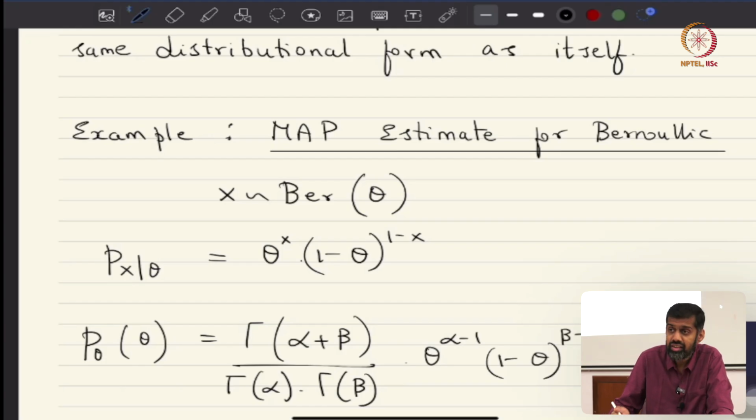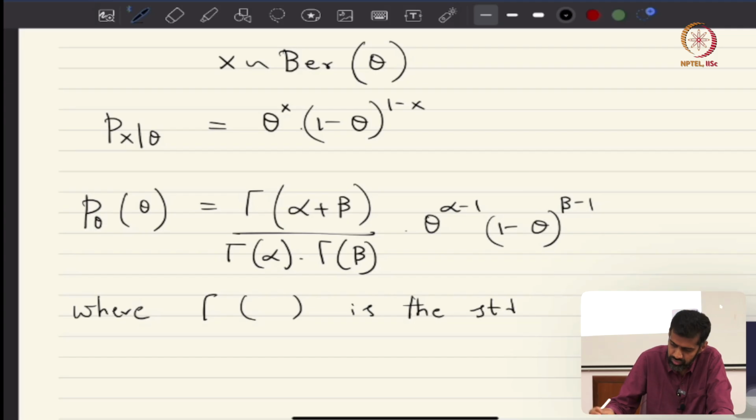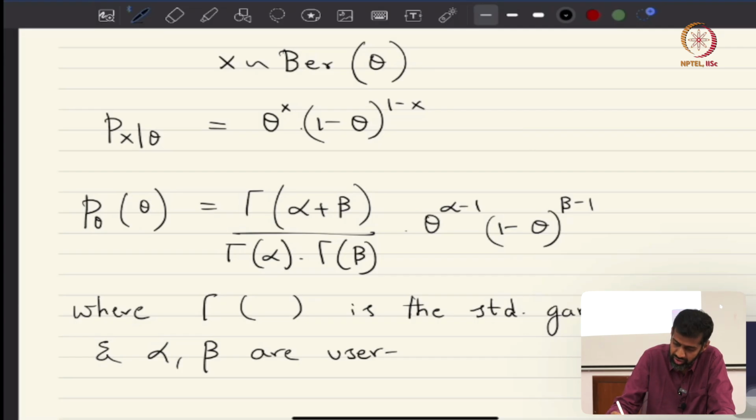This is the beta distribution, where gamma is the standard gamma function, and alpha and beta are parameters that we need to choose. This is what our belief is, our user-defined or user-chosen parameters.